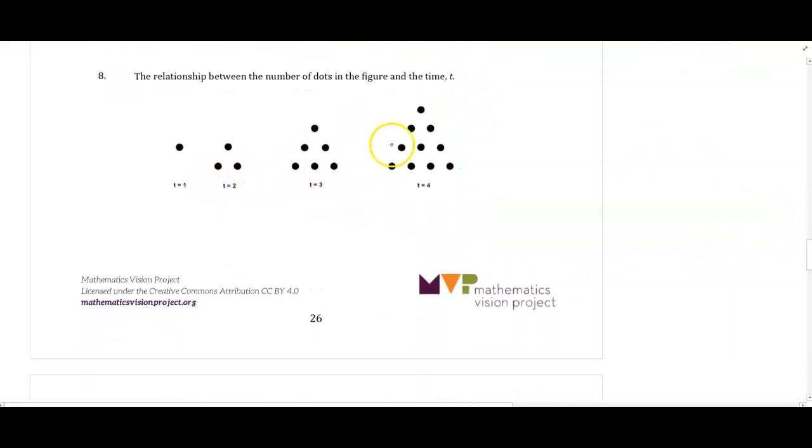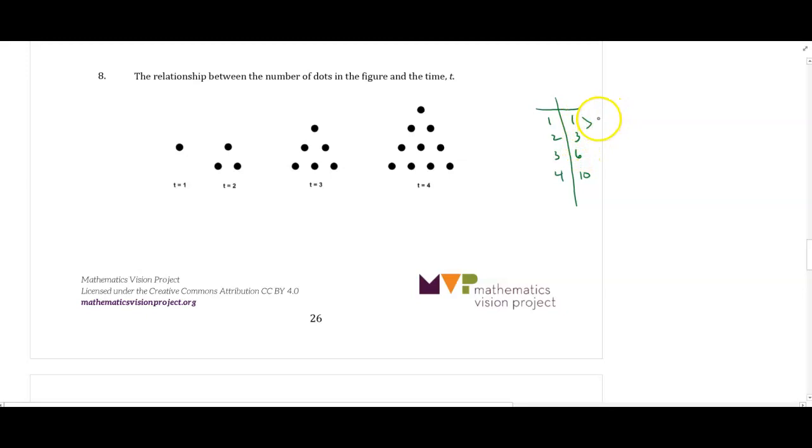All right, anytime we get problems like this, what should we always start with to determine if it's a function or not? Should always start with a table. So we have 1, 1, 2, 3, 3, 6, 4, 10. Now, when I look at this right away, there's no common ratio.